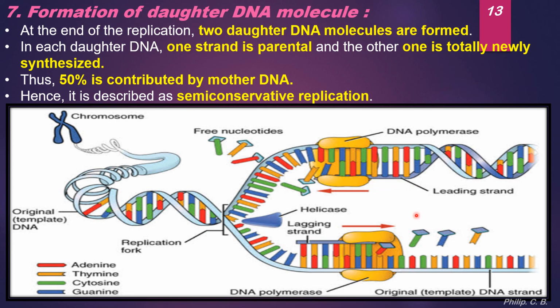Here the leading strand and the lagging strand, or we can use the term Okazaki fragments, and DNA polymerase. Again you can see the 50% parental DNA and the 50% which is formed with the help of DNA polymerase, which is joining and using the DNA ligase. You can see the complementary strand from the pool is joined here. So you can see the DNA polymerase, the original template DNA over here, the mother strand or the parental strand, and the new daughter DNA molecule being formed.